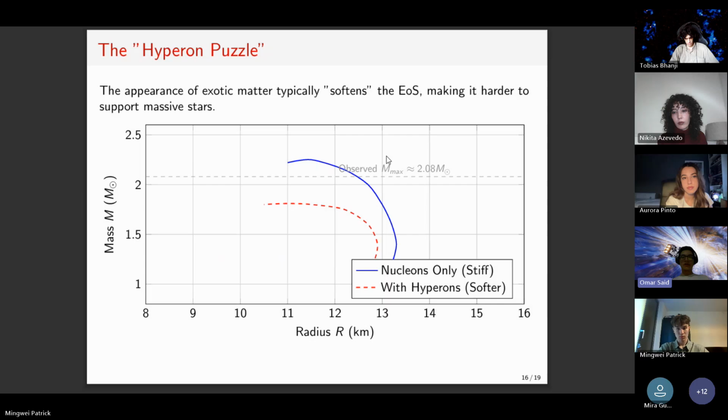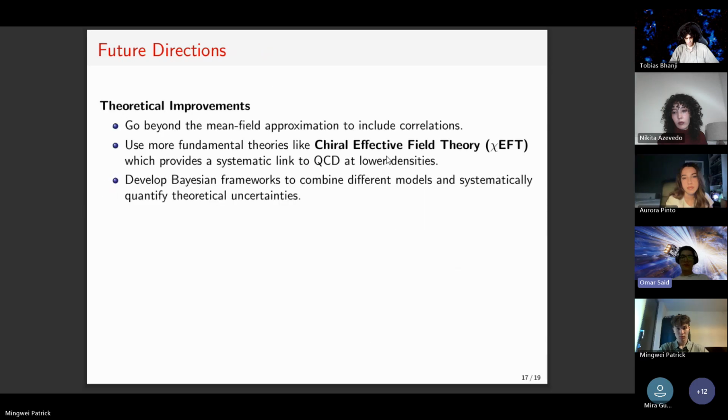What we can improve is to go beyond the mean field approximation, which means to solve the impossible equations, use more fundamental theories, develop Bayesian frameworks, combine different models, and systematically quantify theoretical uncertainties.